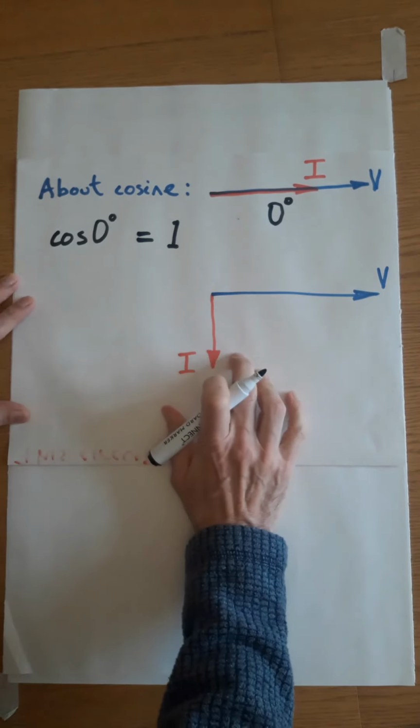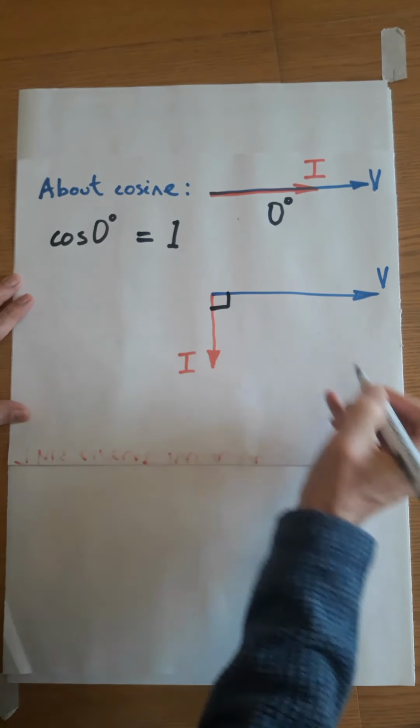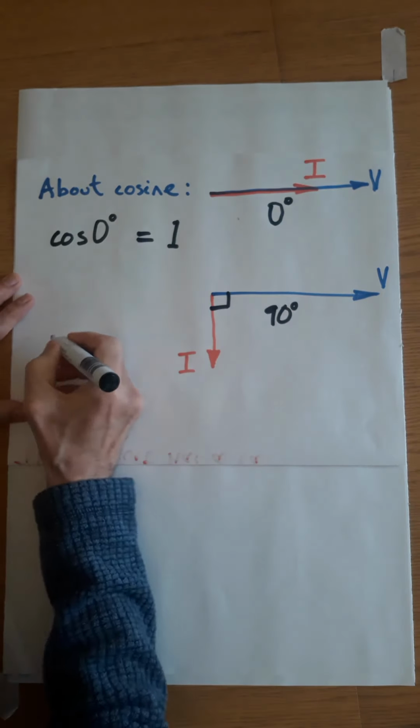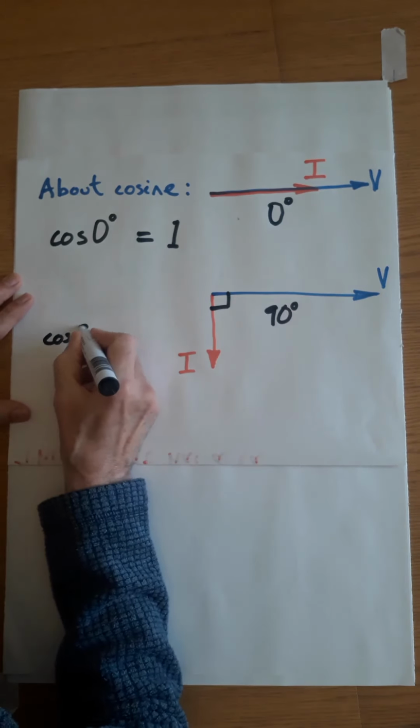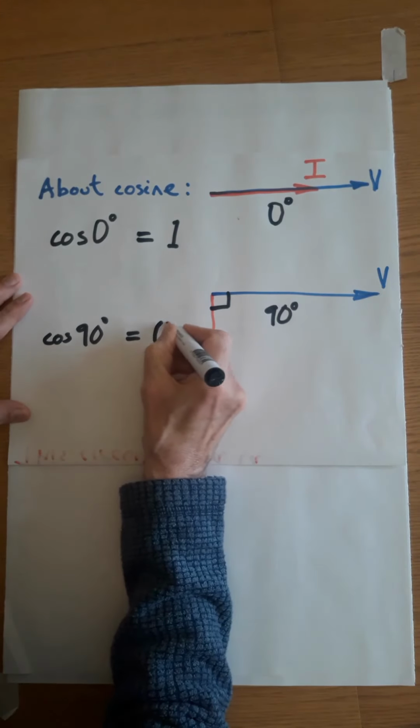If we look at this next diagram, the difference between the voltage and the current is 90 degrees. And if we do the cosine of 90 degrees with your calculator, you'll get 0.